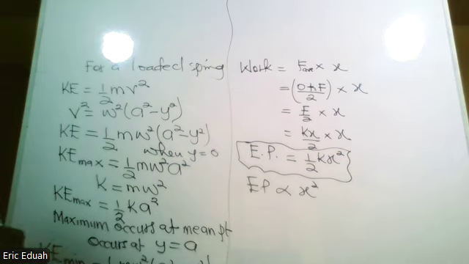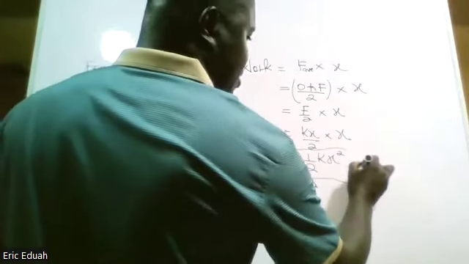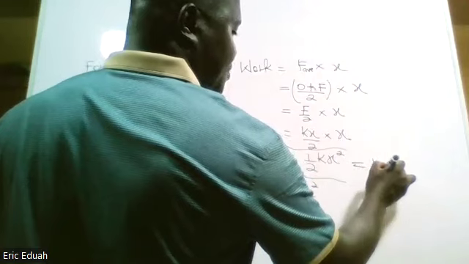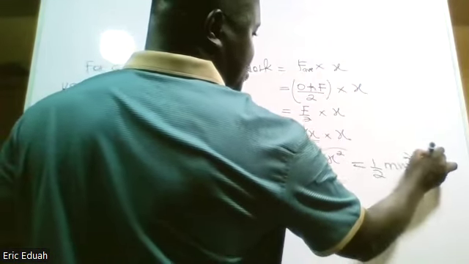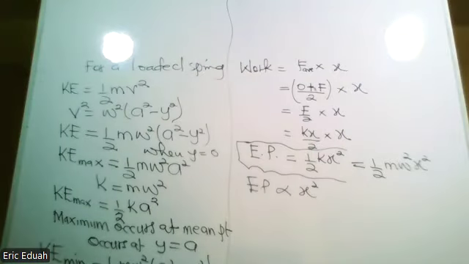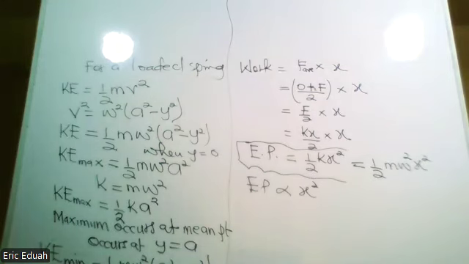This we can also express as half m omega squared x squared. This is because k is equal to m omega squared.